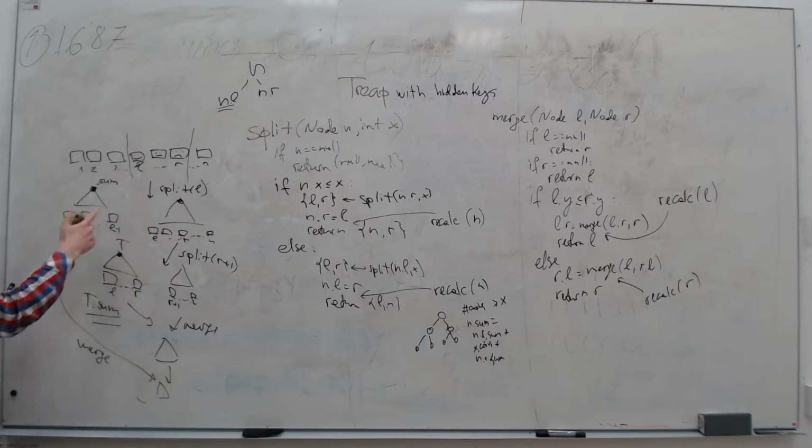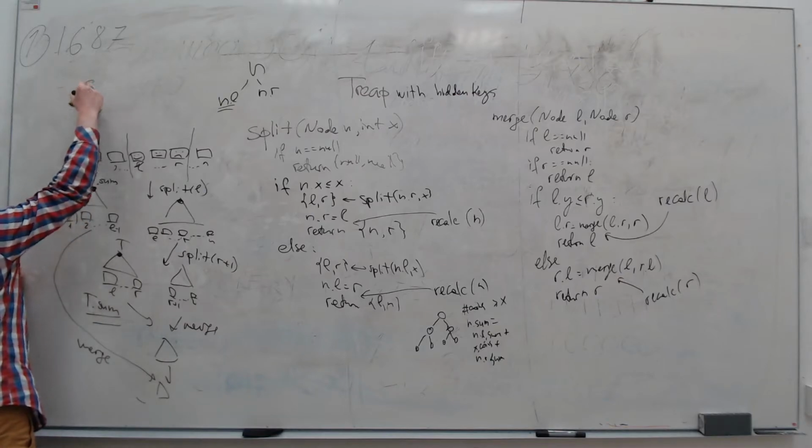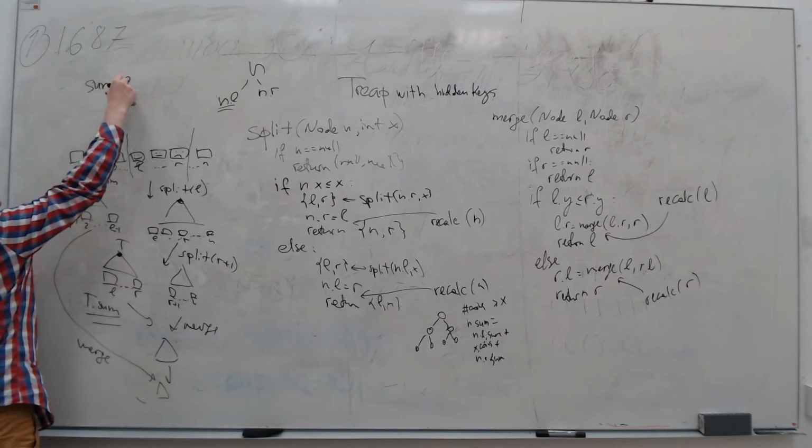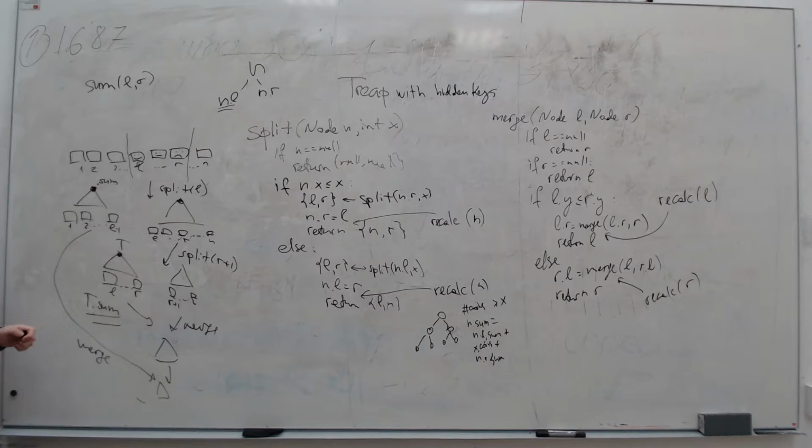So right now, this query was only sum L and R, but we never changed the array at all. So this is kind of a fixed data structure. You have people and you want to answer only from L to R.